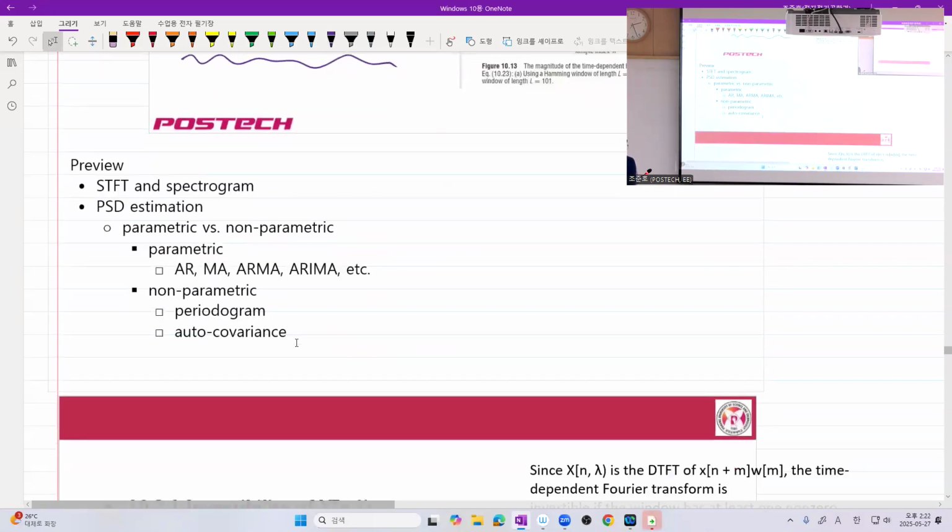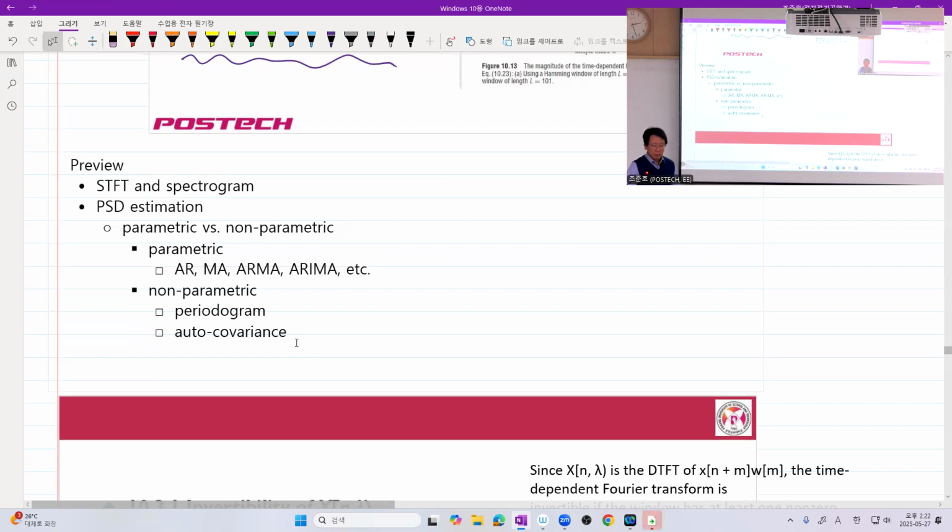Now here goes what we are going to study today. So I just talked about the short-time Fourier transform and spectrogram, and we are going to cover the rest of chapter 10 that is related to power spectral density estimation. And I thought about whether I cover this one or not, but decided to cover that, even though I said no random signal or random process will appear here.